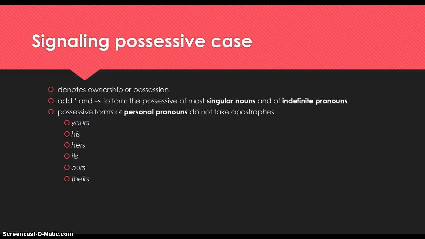An important thing to remember is the possessive form of personal pronouns don't use apostrophes. Here are the examples I'm talking about. We don't use an apostrophe with yours, his, hers, its, if it's a personal pronoun, ours, or theirs. Those don't take apostrophes. They never do.